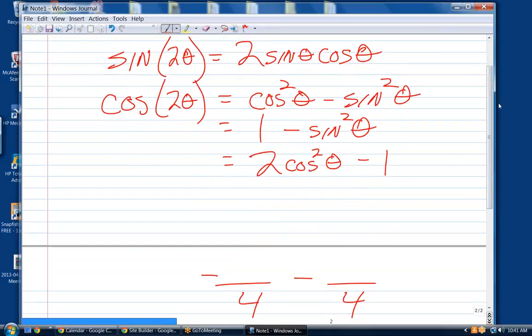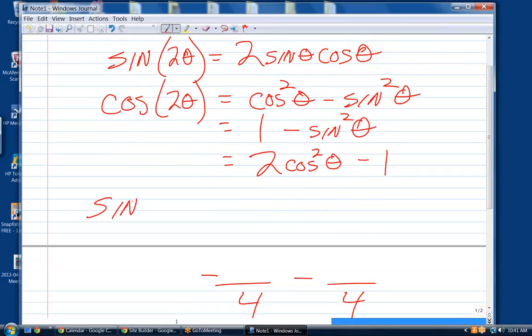let's say I wanted to figure out the sine of, let me think for a second. Oddly enough, when you use the double angle, let's say we want to figure out the sine of 60 degrees, and we don't know what it is. So we're going to say that's the same as the sine of 2 times 30.